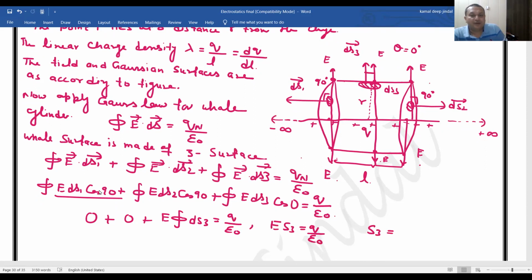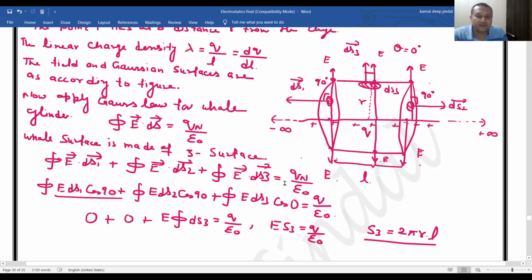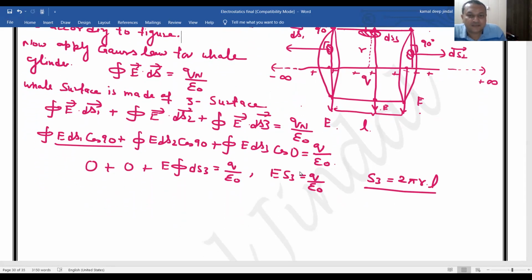S3 is nothing but 2 pi r into L. S3 is the surface area of the curved cylinder surface. So this is the case. S3 equals 2 pi r into L. Clear?